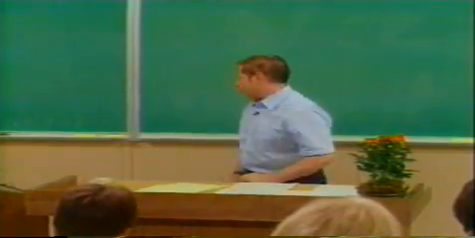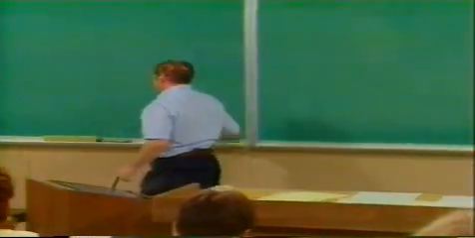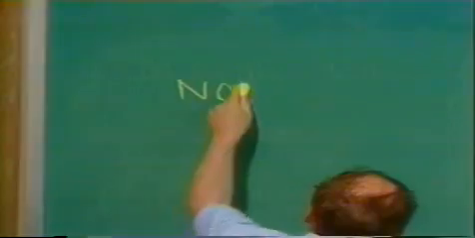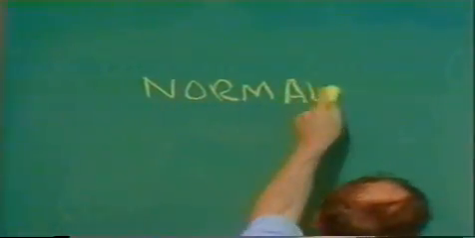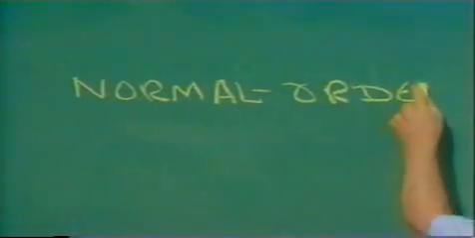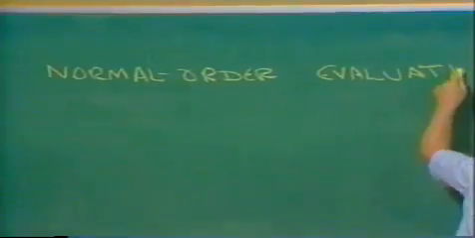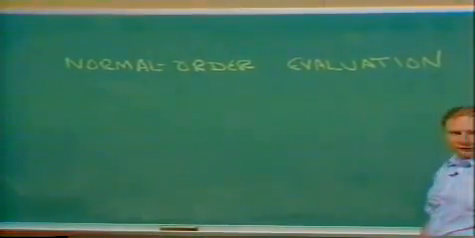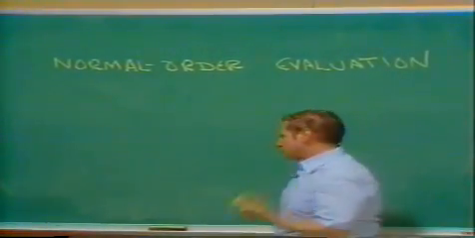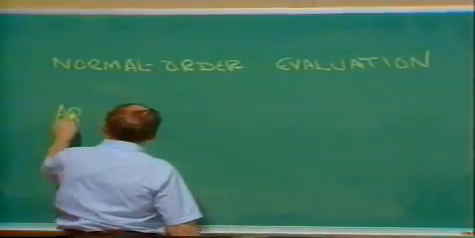Or another way to say that, technically what I'm describing is what's called, if we did that, our language would be so-called normal order evaluation language versus what we've actually been working with, which is called applicative order.